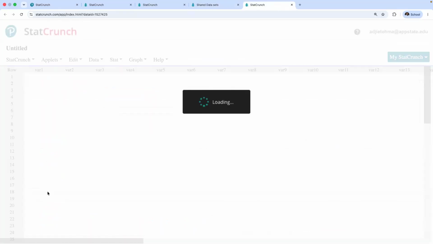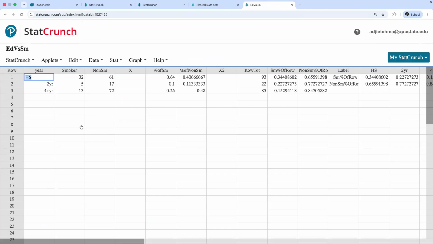So click on this one, and then we have the data set here. Anybody struggling to open the data set?